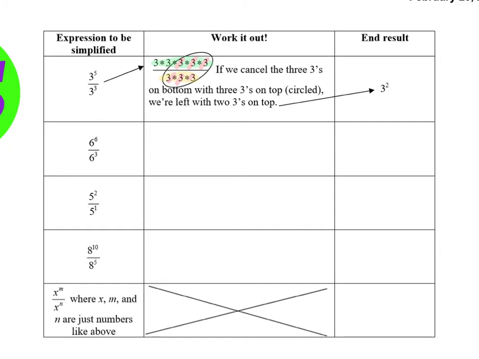In the next example, we could show that as 6 times 6 times 6 times 6 times 6 times 6, that's 6 of those, divided by 6 times 6 times 6. You're able to cancel 3 different elements there, top and bottom. What you're left with is 6 times 6 times 6, which is 6 to the third.